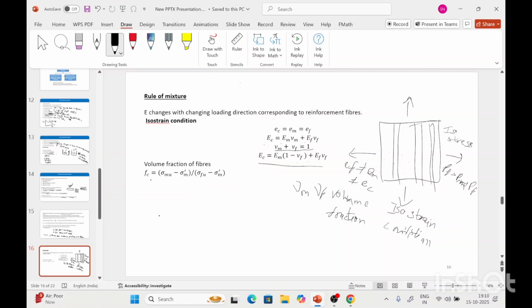This can be defined as sigma mu minus sigma m dash divided by sigma fu minus sigma m dash.